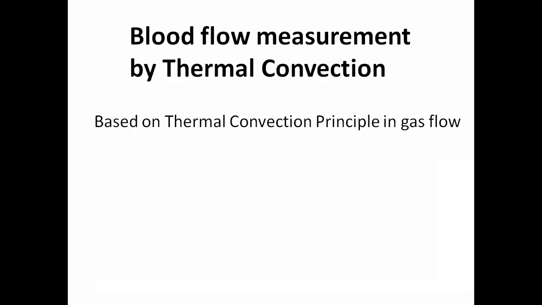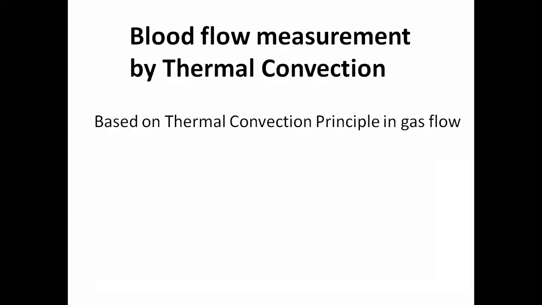Suppose the blood velocity or blood flow increases at that particular place of the thermistor, the temperature changes. Assume that initially the blood is moving at a normal rate, and the temperature measured by the thermistor is recorded.